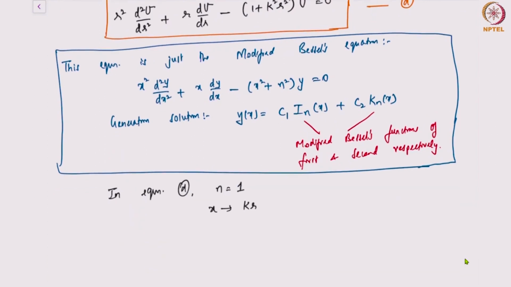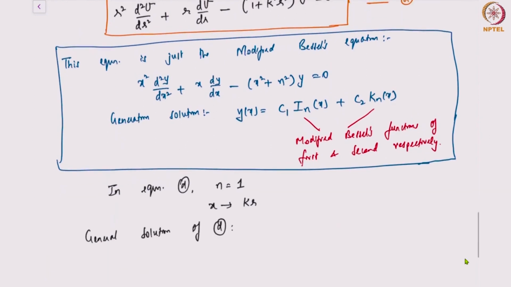So the general solution of equation D would be U(r), the radial velocity eigenfunction, will be c1 I1(kr) plus c2 K1(kr).